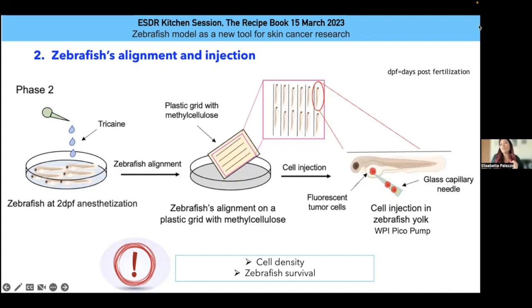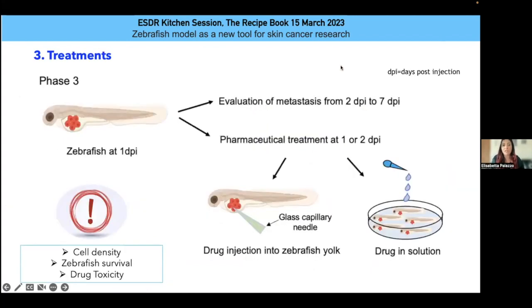This will also avoid damage to the animal. In this step, we need to be really gentle every time we perform anesthesia, placement, and alignment of the zebrafish on the grid, and then we take them back into the petri dishes in order to guarantee good and optimal zebrafish survival.